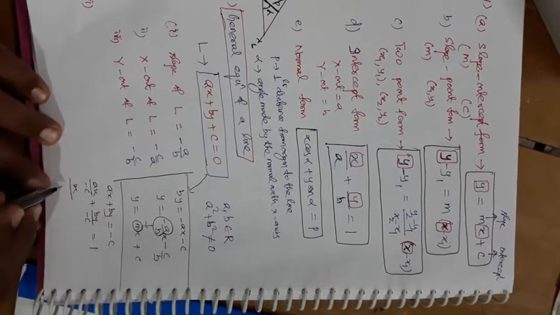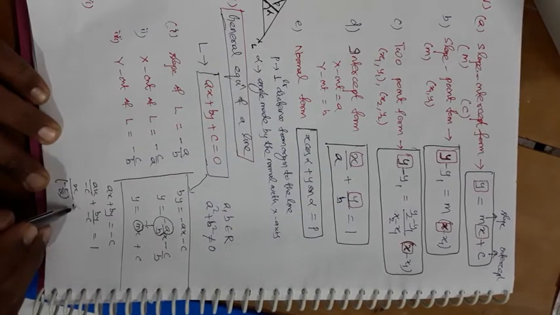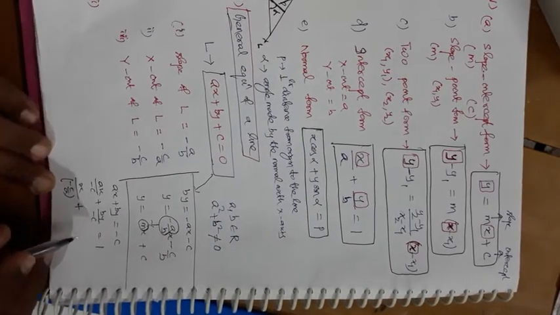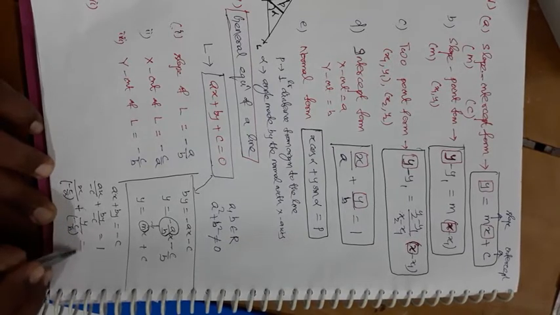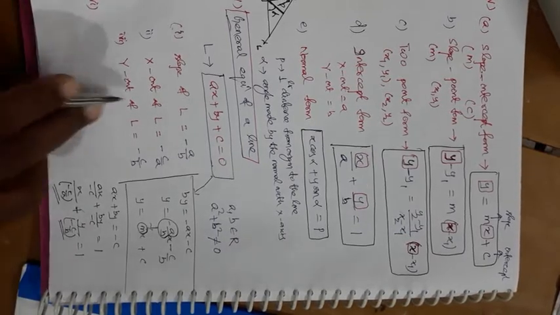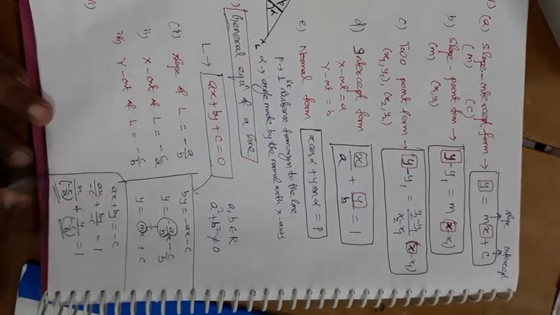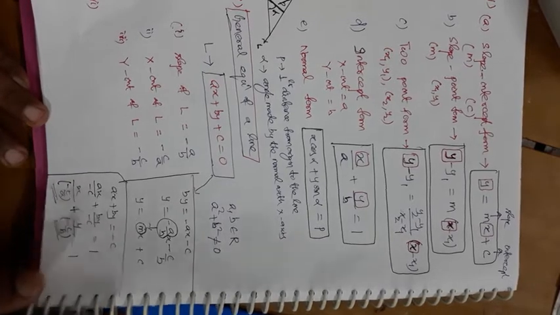Because in intercept form it is x by a, here it is x by minus c by a plus y by minus c by b equal to 1. So this is called the x intercept and this is the y intercept. So the x intercept is minus c by a, and the y intercept is minus c by b.